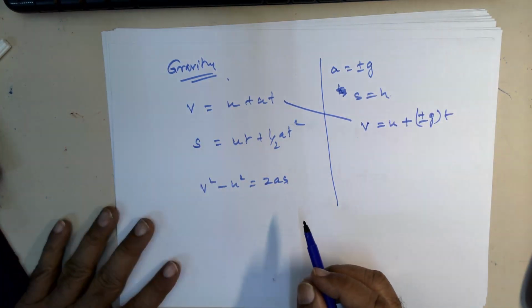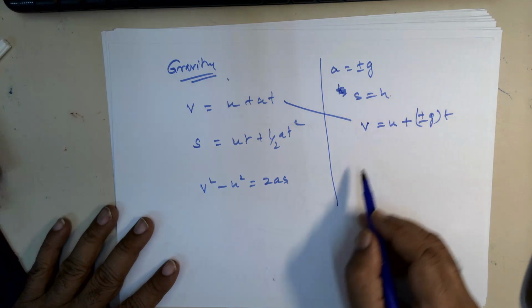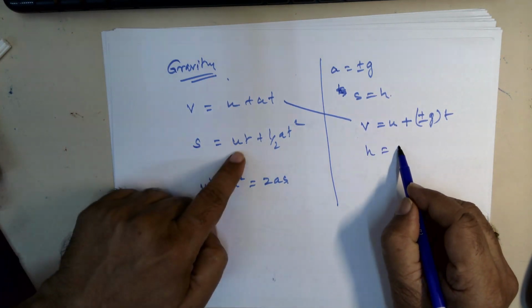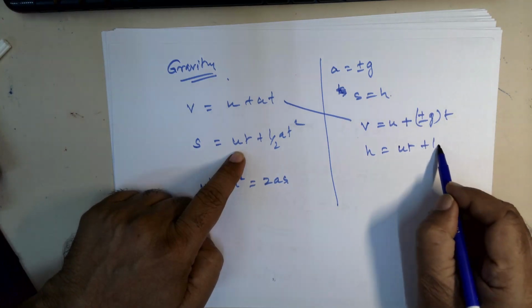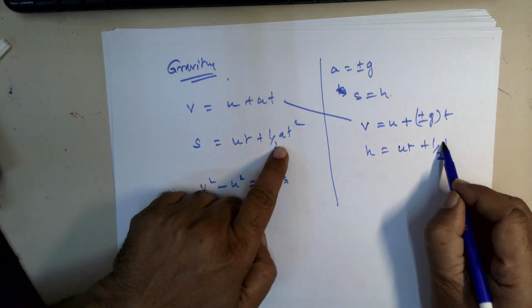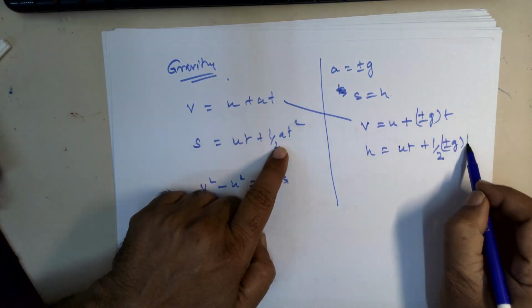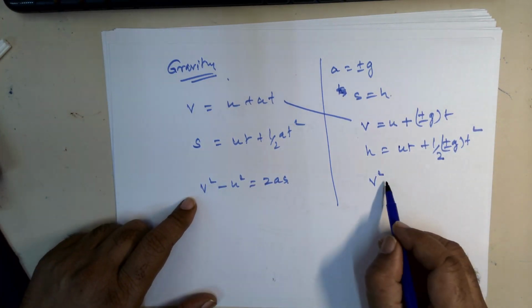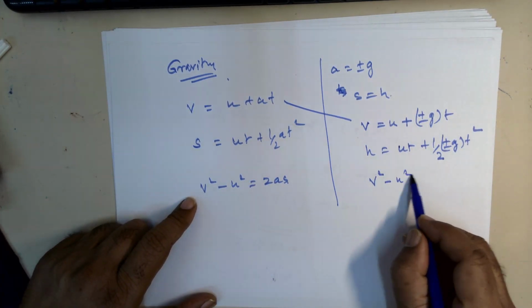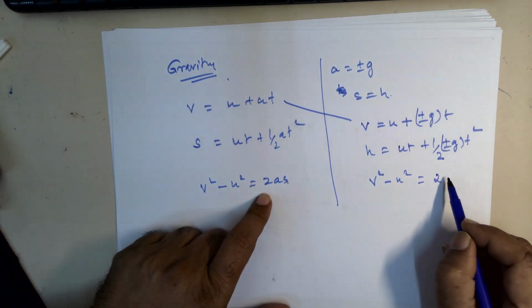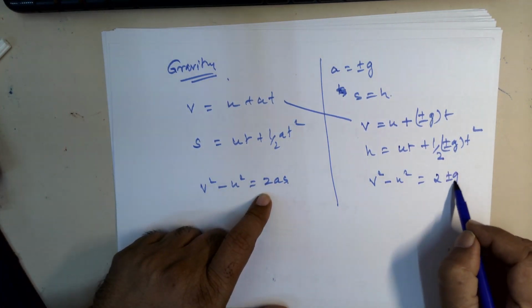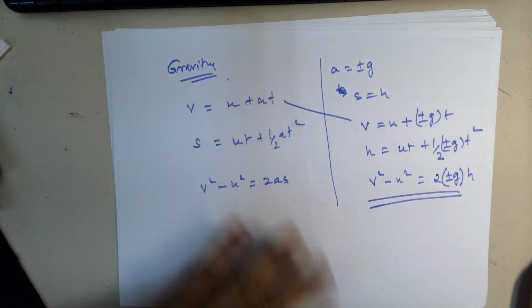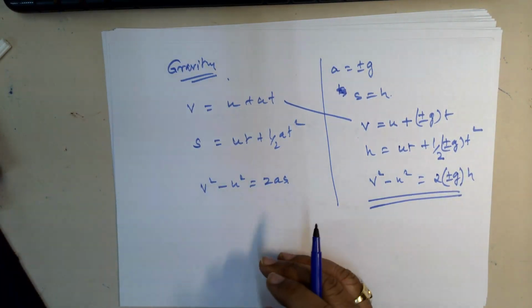This is the formula for gravity. And second, s is replaced by h, and then ut plus half, and here plus or minus g into t squared. Then third one, v squared minus u squared is equal to 2 into plus or minus g into h. So you must remember the set of equations.